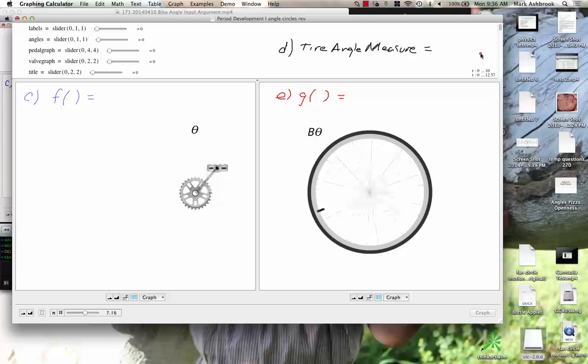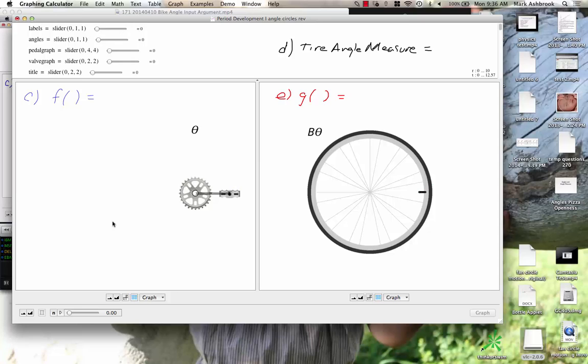So the setup is that, so this may be obvious, but just to make sure, you've got the pedal on the left and the valve on the right, okay?